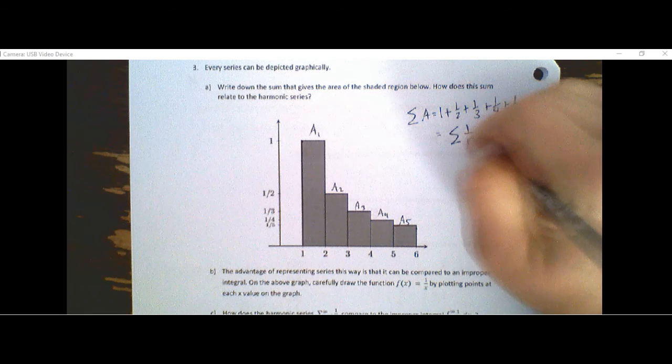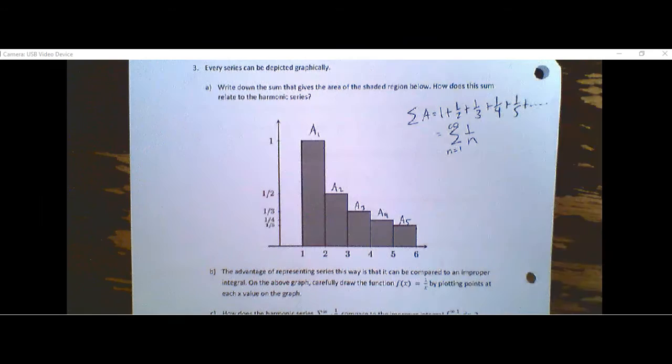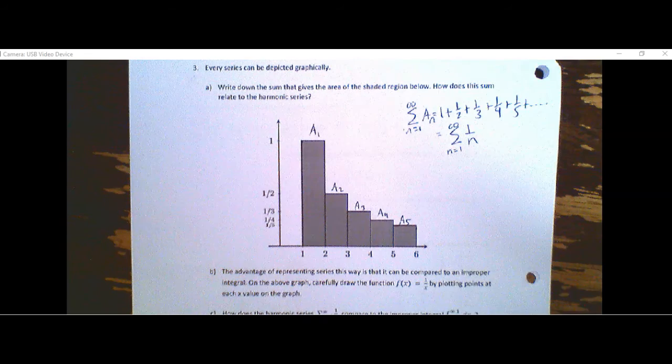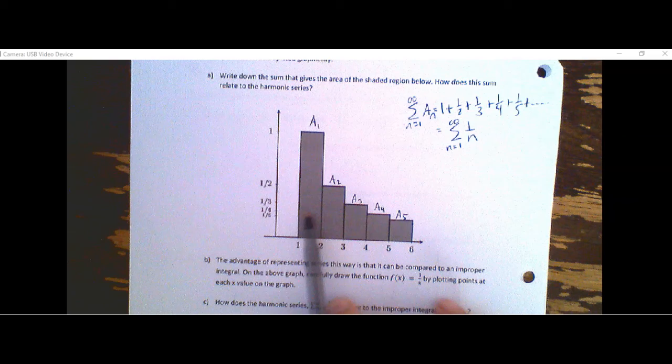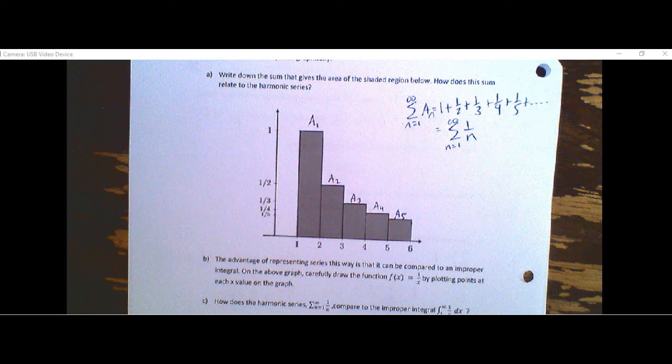So you can see this is exactly equal to the harmonic series, right? So the sum of all of these infinitely many rectangles, if we continue on, is equal to the sum for the harmonic series.